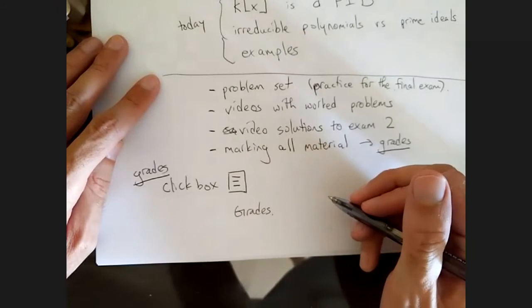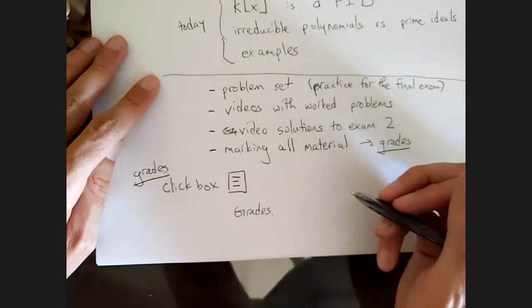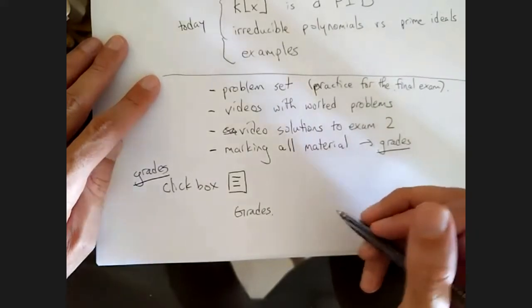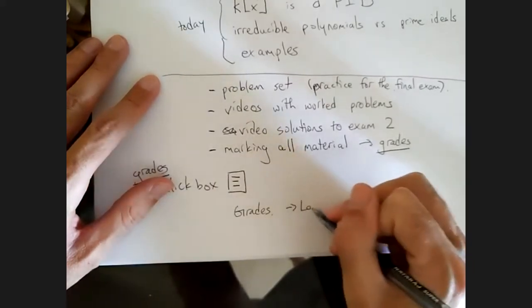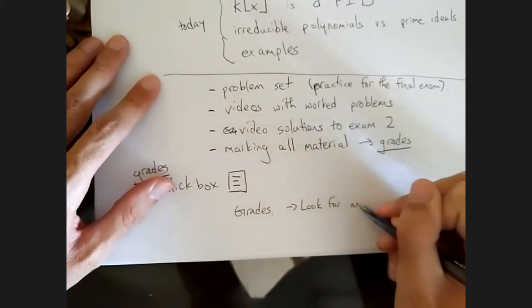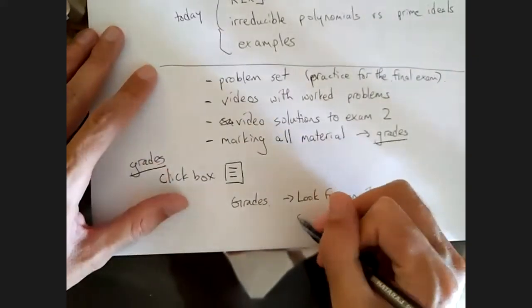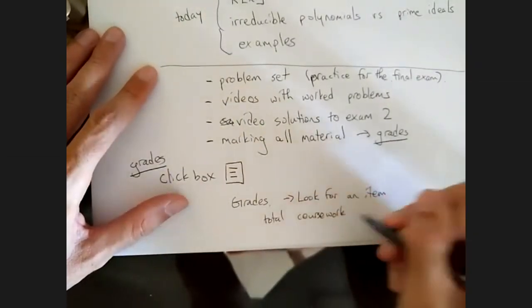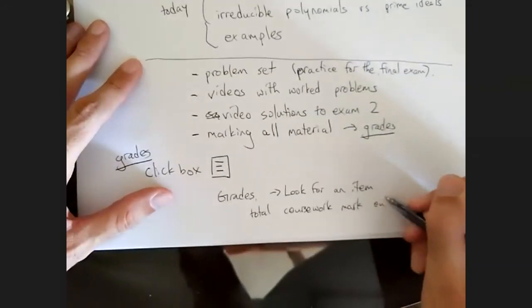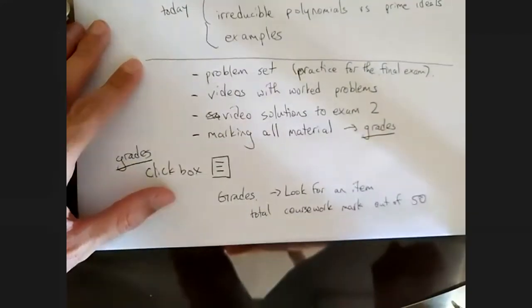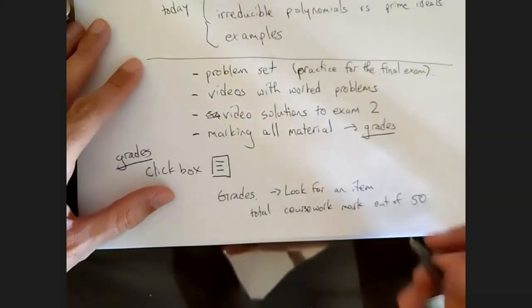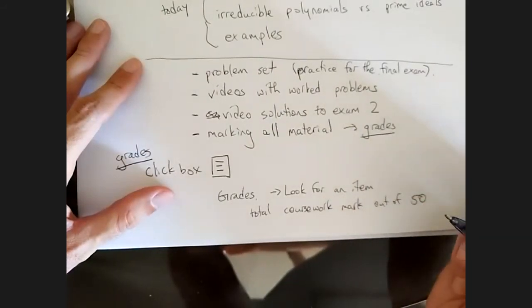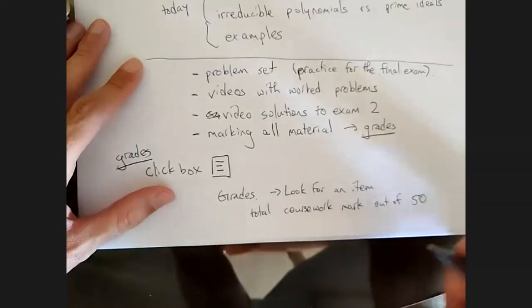It'll show all your assignments and coursework exams. The very last item will be total coursework mark out of 50, and your mark will be whatever it is, like maybe 39.55. That means you're going into the final exam with 39.55.